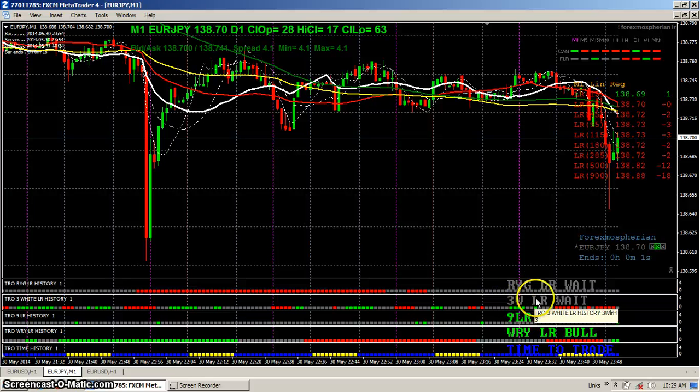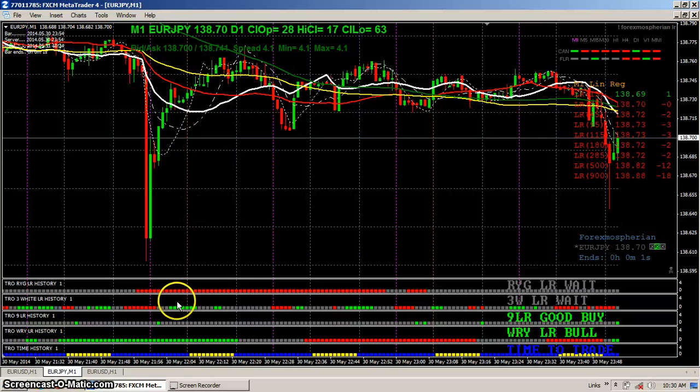Then the three white linear regressions, which once again, when the two dash dotted ones cross above this one, that's a buy trigger. But I think the way you had explained it was, if the three whites are under price, as they are here, that's when you want to go long.